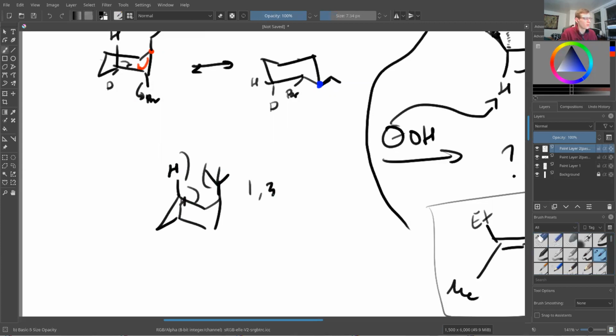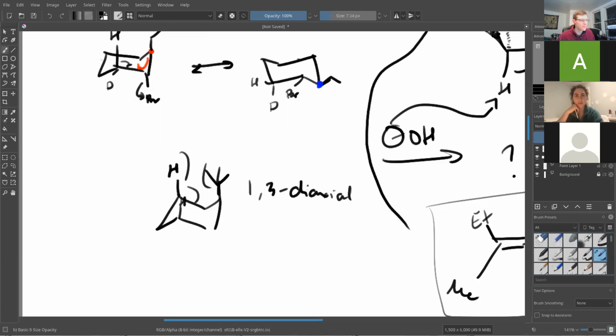So this is called 1,3 diaxial interactions. You seen that before? Okay. Yeah, so with tert-butyl, it's too big. If you make this isopropanol, or just an isopropyl group, I mean, it's a hydrogen here too, so it's fairly small, and so you could just rotate it to be in this way, and then it won't bother you that much.